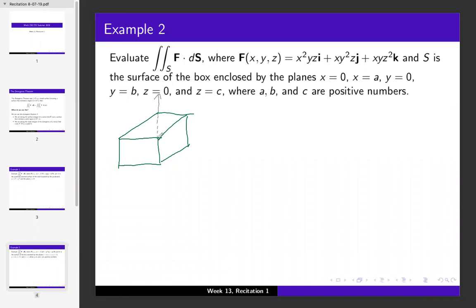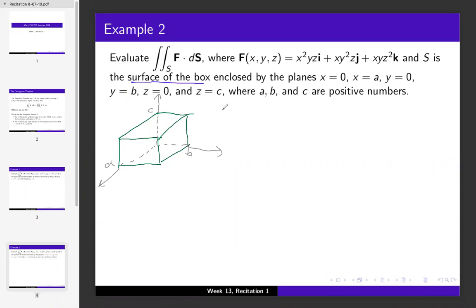Well, yeah, but we're told that it's the surface of this solid, where we've got lengths going from a, b and c. So that's the surface that we're dealing with. And of course, we want to use the divergence theorem because it's the surface of this box, right?